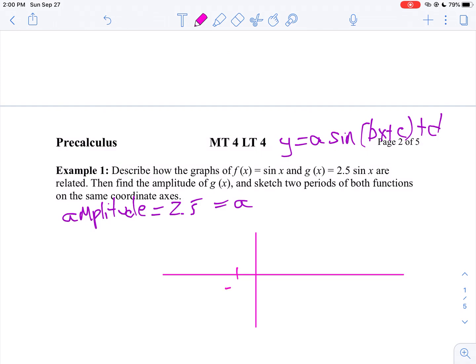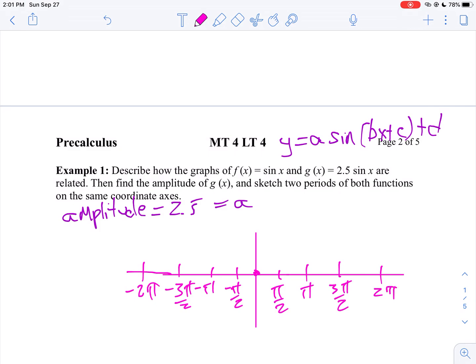Here's negative pi over 2, negative pi, negative 3 pi over 2, and negative 2 pi. I'm just going to graph my quadrant angles. Then 0, and then pi over 2, positive pi, 3 pi over 2, and 2 pi.